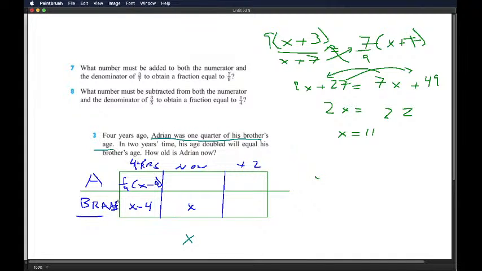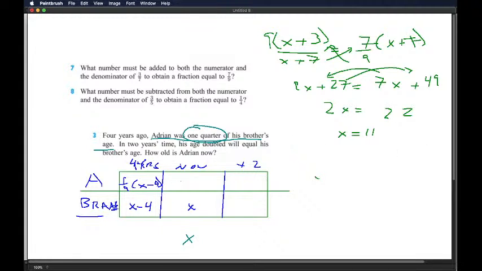So we should make his brother's age the easier one. We should make his brother X, and then his brother 4 years ago should be just X minus 4, because for Adrian we're going to write this complicated 1/4 formula. Because you're not comparing Adrian's age against his brother's age, there's a little bit of a trick to it. If you figure out which one you are comparing, then you can easily create X and then X minus 4. And now we have a reference for his brother, and we know that it's 1/4 times X minus 4.